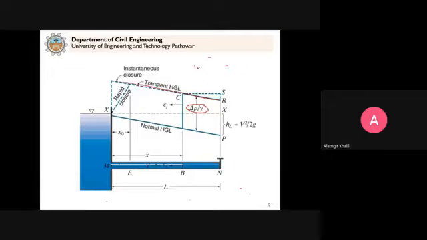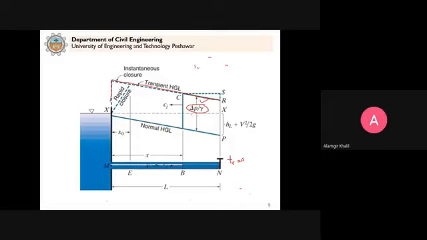You see the line all the way to the reservoir. So when we suddenly close the valve at time t equal to 0, every point in the pipe flow will experience that increase in pressure.